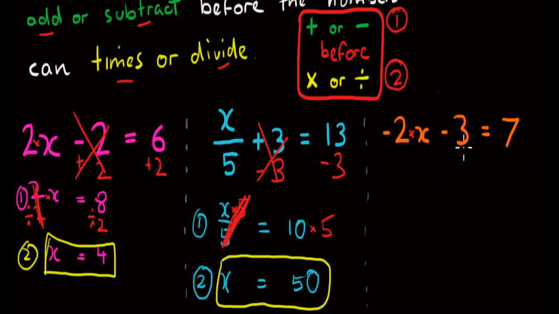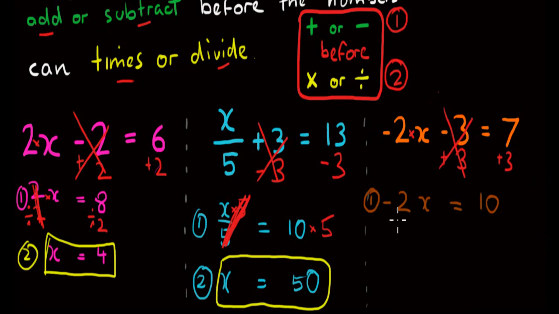So we do the opposite here. So minus 3, we do plus 3 to both sides. That's going to be gone. And then we have left minus 2x equals, 7 plus 3 equals 10. That's after our first step.